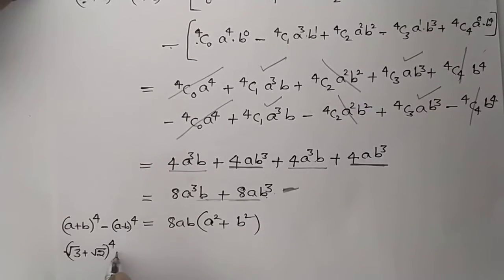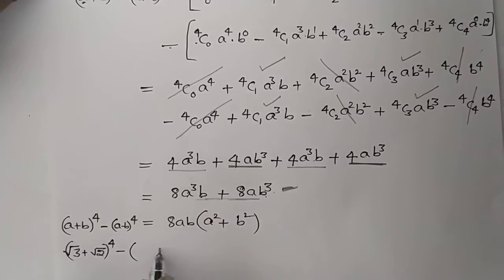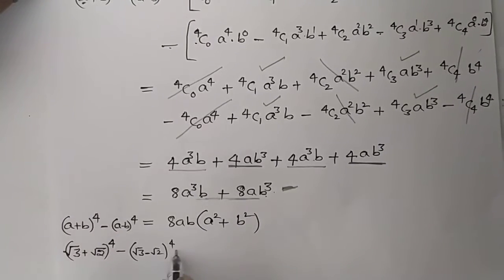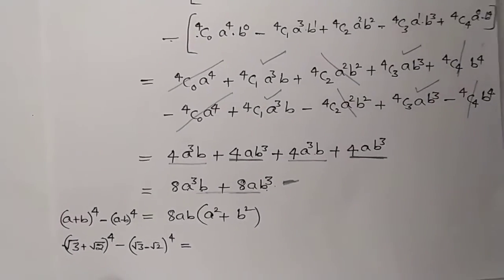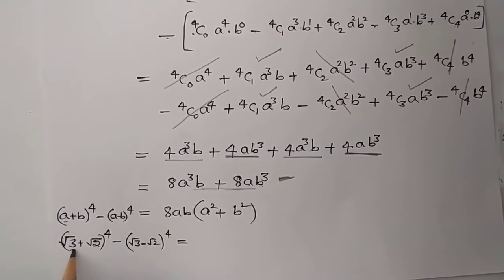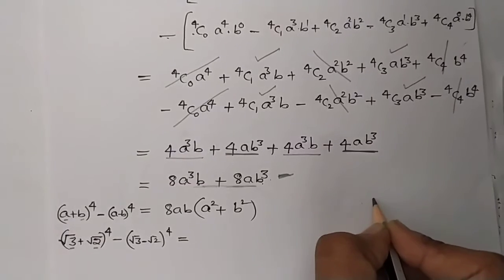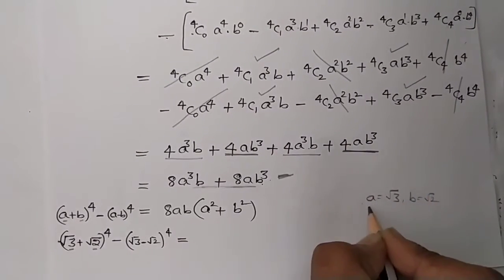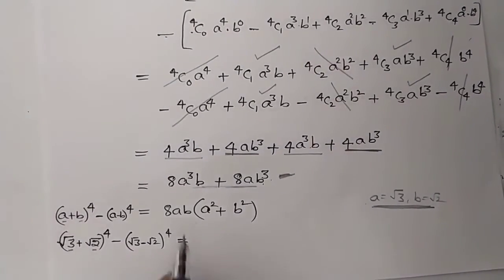(Root 3 plus root 2) whole power 4 minus (root 3 minus root 2) whole power 4, that is equals to. If you observe, in place of a we have root 3, in place of b we have root 2. Substitute these a and b in this result.